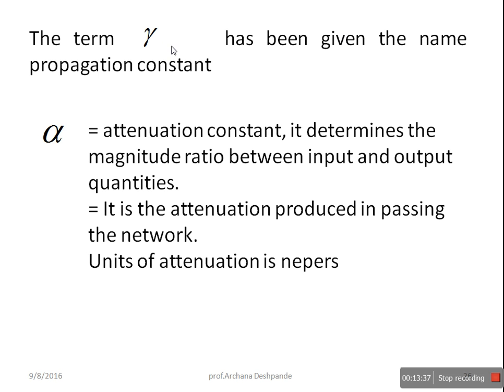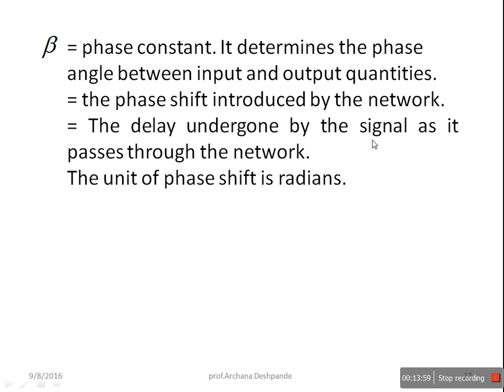So this gamma is called the propagation constant, and this alpha is called the attenuation constant. It determines the magnitude relation between the input and output quantities. That is, it basically tells you the attenuation produced as the wave passes through the network, and its unit is the Neper.